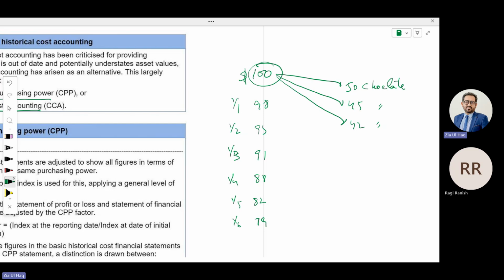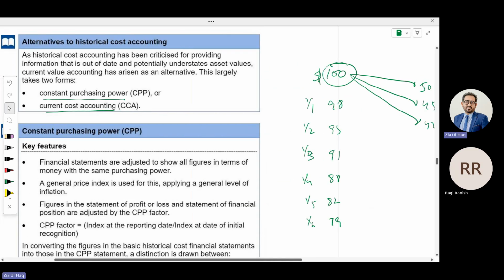That is called constant purchasing power, meaning price index. In a similar manner, suppose we have recorded an asset of 1 million. We bought it at a cost of 1 million.